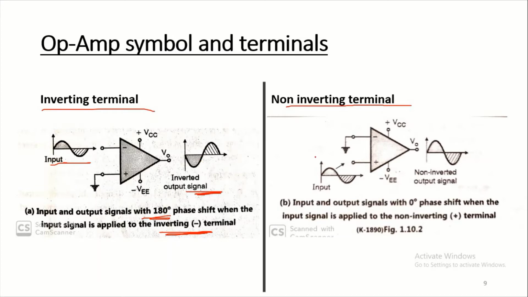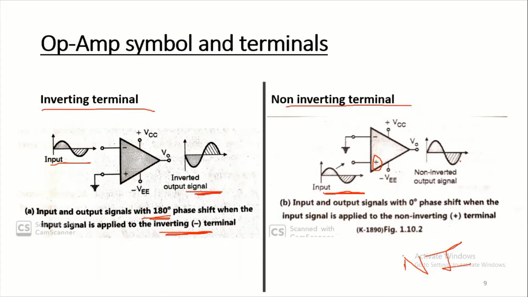Non-inverting terminal. The input terminal labeled with the positive sign here is called a non-inverting terminal and it is denoted as capital NI. If we connect the input signal to this terminal, then the amplified output signal is in phase with respect to the input signal.